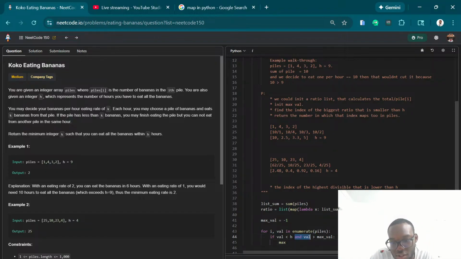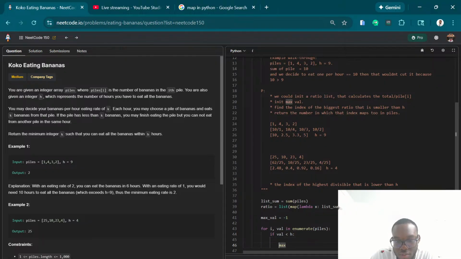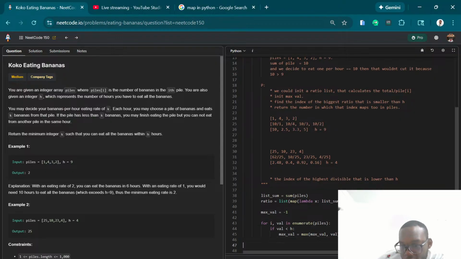Realistically, we could just do this. If max elimination, we could do max val is equal to the max. Because that's a condition, we do that there. And then we should just return. No. So we got the max val.